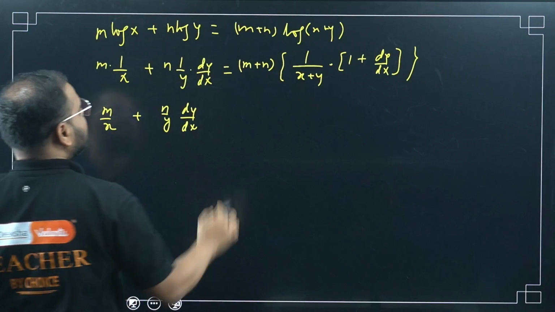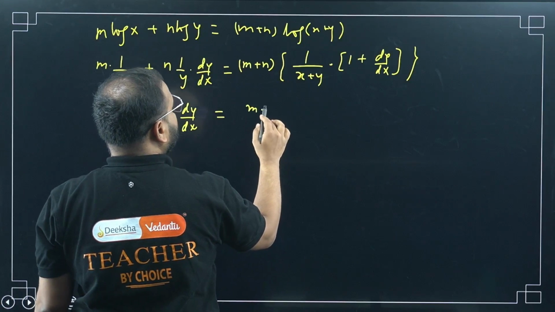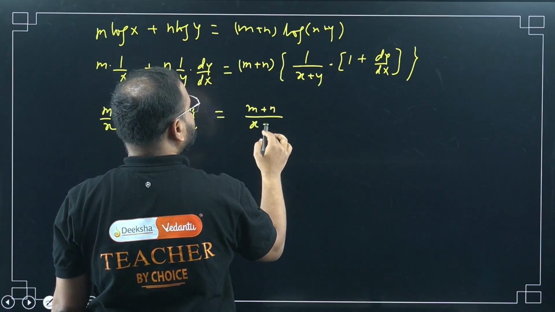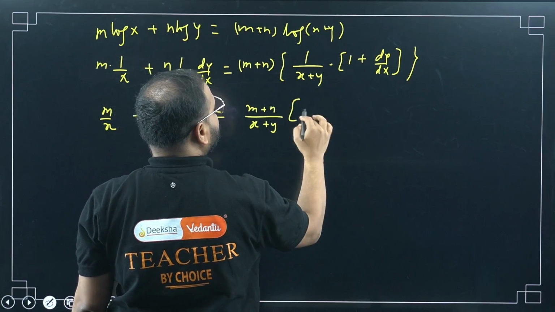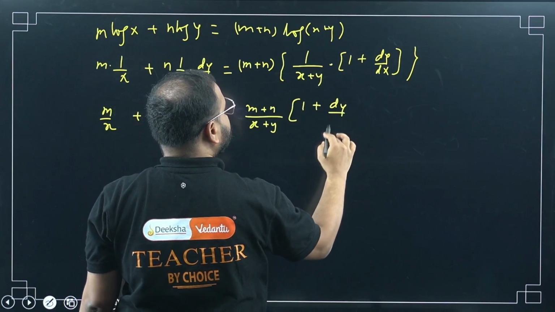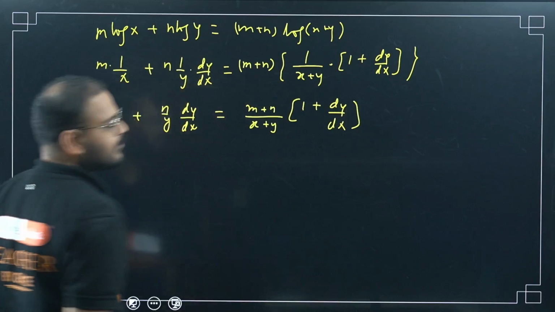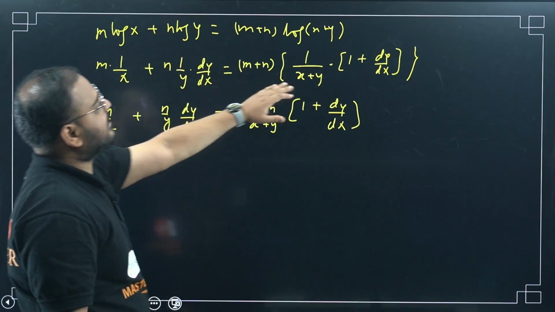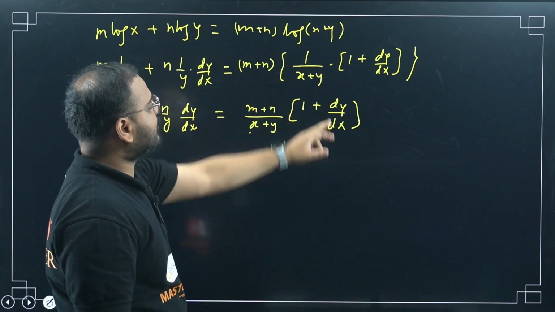Equals to m plus n upon, I can write it like this, x plus y, and this bracket will be 1 plus dy by dx. I hope this is clear. Please check. m by x, n by y, dy by dx. m plus n is coming as the denominator over here, 1 plus dy by dx.